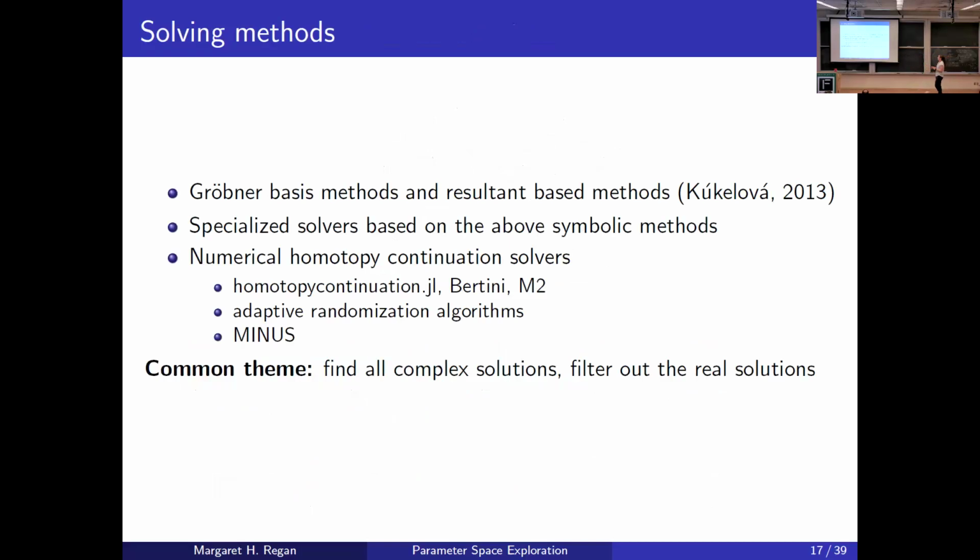And so there are Grobner basis and resultant-based solvers that Zuzana Kukalova has worked with other people in Prague and other places to have these specialized solvers that work very, very quickly. And they're based on these symbolic methods. We also have numerical methods that work to solve these problems.